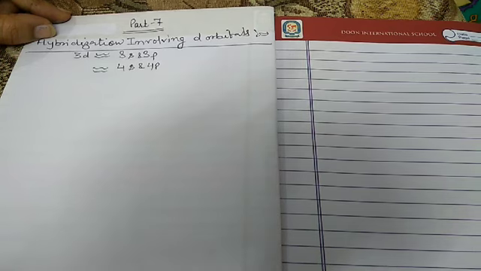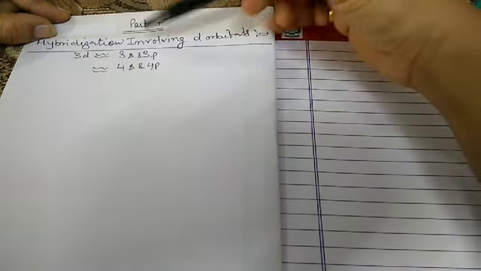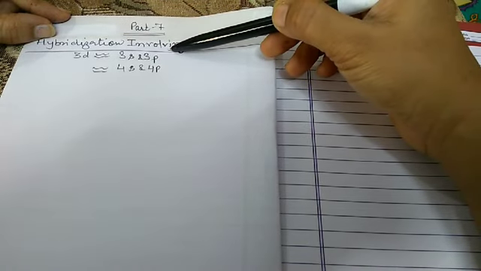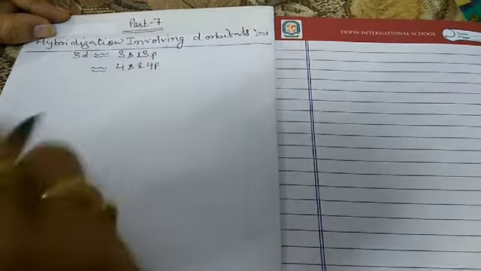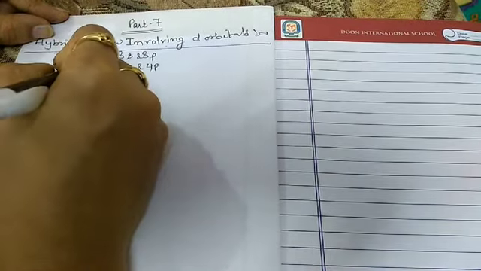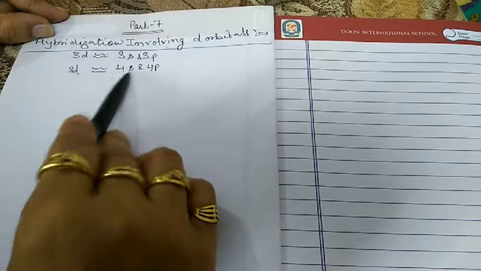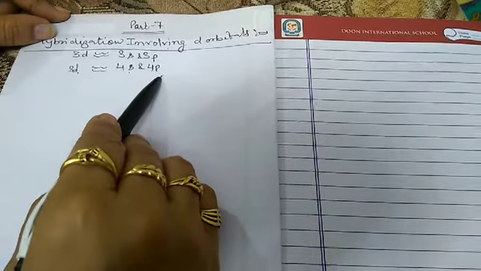Because of this, we may have hybridization involving 3s, 3p and 3d, or hybridization involving 3d, 4s and 4p, which is also possible.